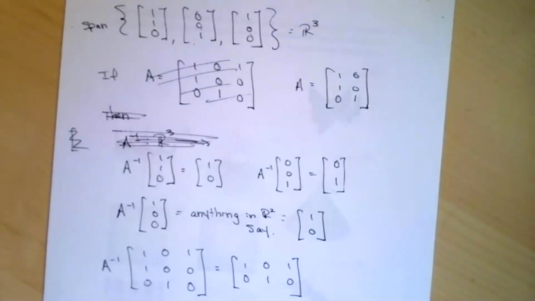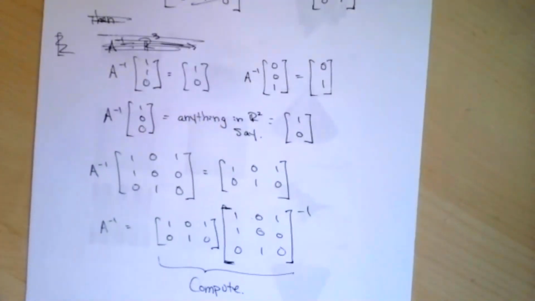Since we're mapping that back into R2, it doesn't quite matter. We can really send it back anywhere we want. And so picking an easy choice is usually the easiest way to solve the problem.